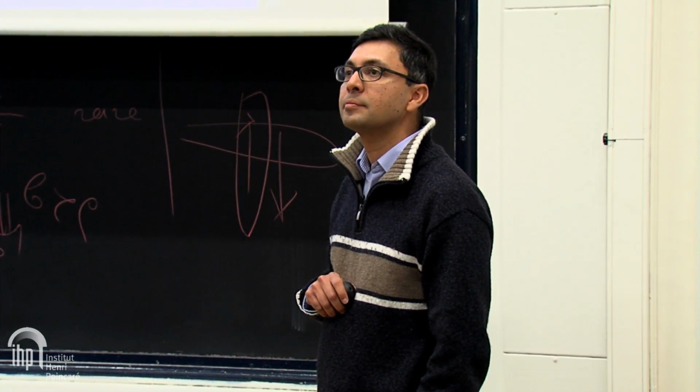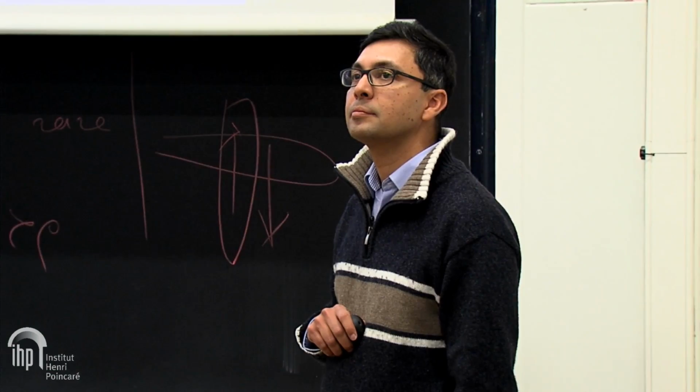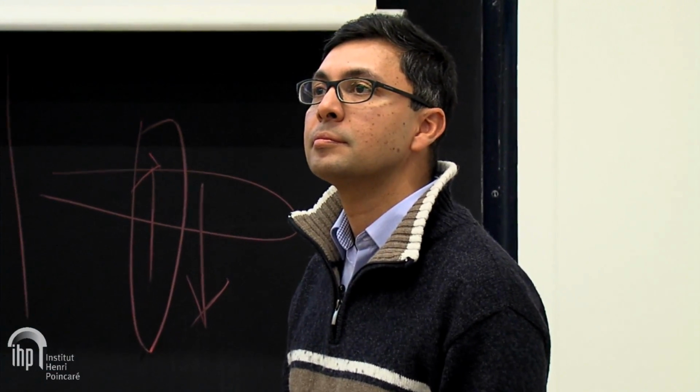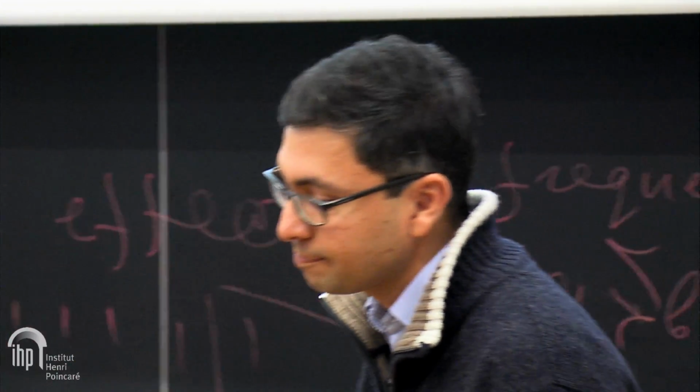You give this exact counting formula for K3, and I wonder what is the analog of this for elliptic curves? Yeah, so one analog of this is counting Hurwitz covers of elliptic curves. Counting Hurwitz covers, you fix an elliptic curve, you fix some ramification, and you fix a genus, and you let the sheet number go, and you put a q variable with the sheet number.